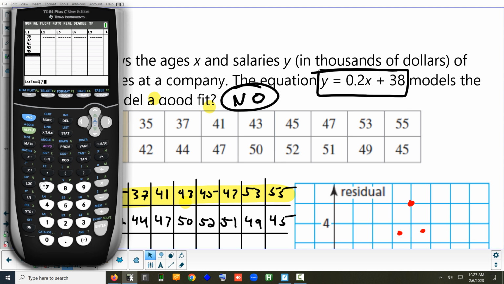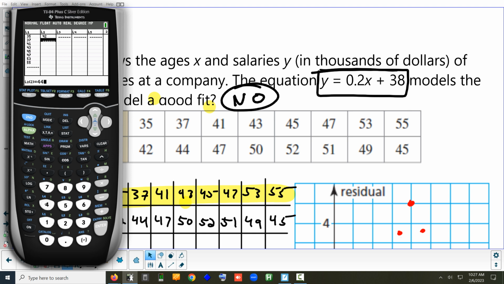This is probably the longest part of the whole thing. So we put all the x's in first, and then we want to put all the y's in, but we want to put them next to it. So we got all the x's on the left. I press my right arrow, and now it's going to let me put all my y's on the right.